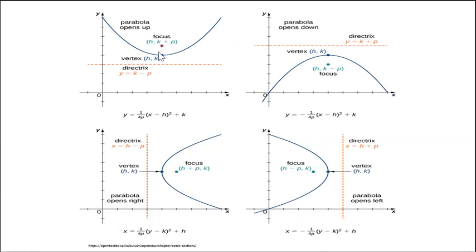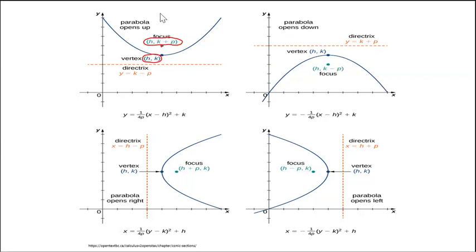In this figure, if the vertex has coordinates h comma k, the focus will have coordinates h comma k plus p, so we add p units to the y coordinate. Since the directrix is horizontal, its equation is y equals k minus p.